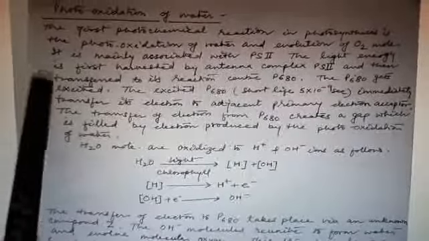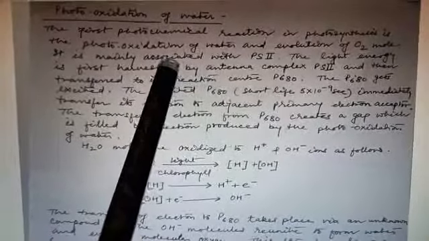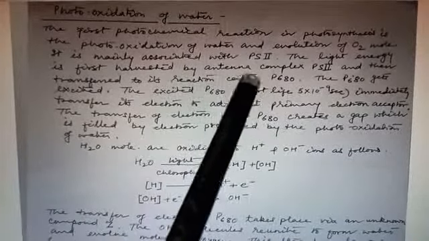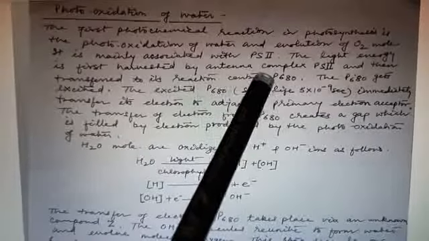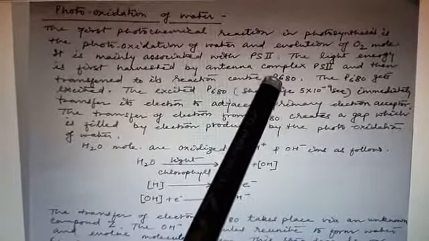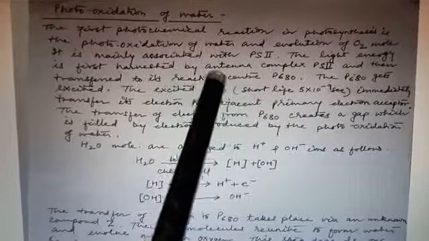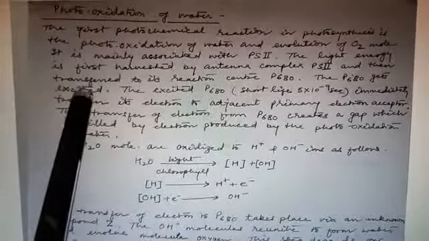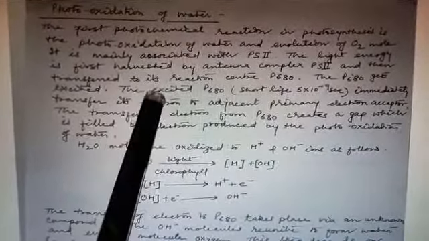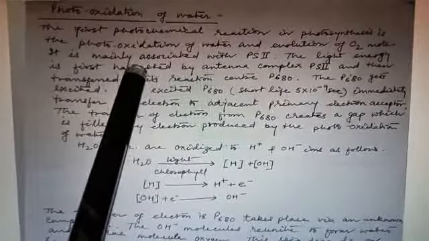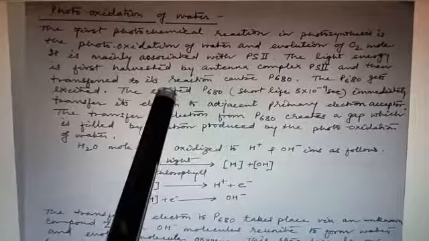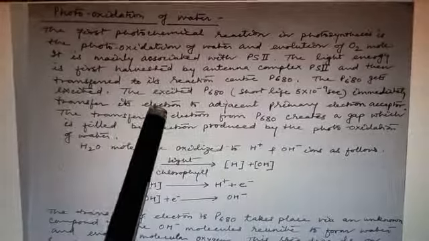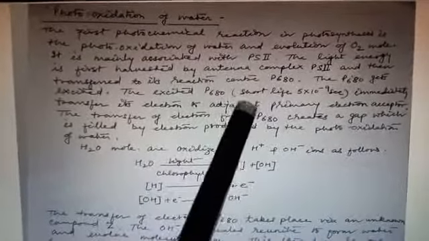The light energy is first harvested by the antenna complex of PS2 and then transferred to its reaction center, P680. After getting this light energy, P680 gets excited, and this excited P680, which has a very short life of about 5 into 10 to the power minus 9 second, immediately transfers its electron to the adjacent primary electron acceptor.